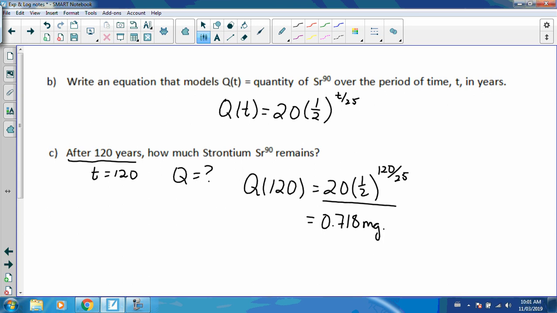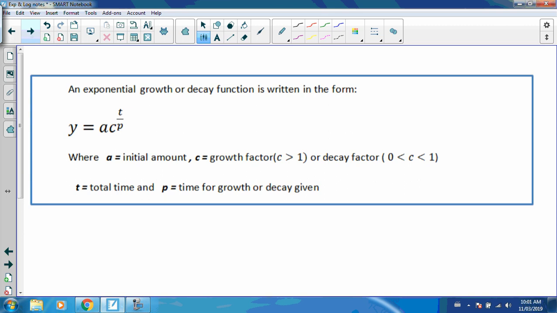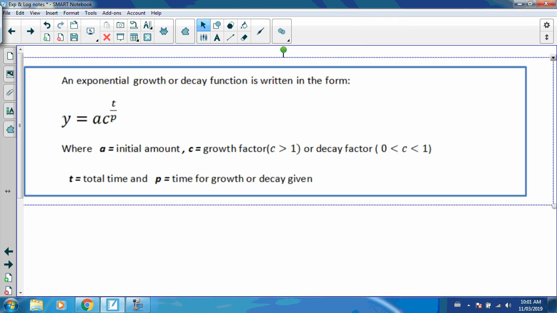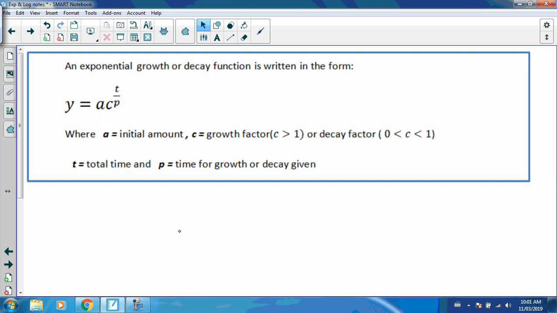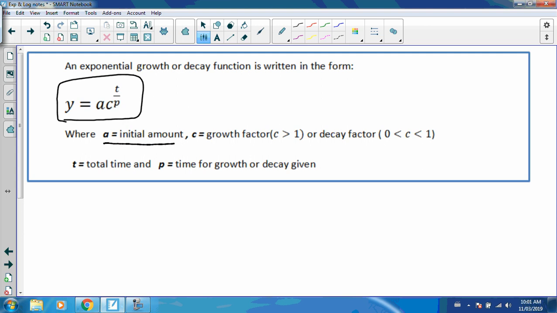So in general, an exponential growth or decay is written in this form. So we have y equals a times c to the power t over p. So a is the initial amount, c is the growth factor.